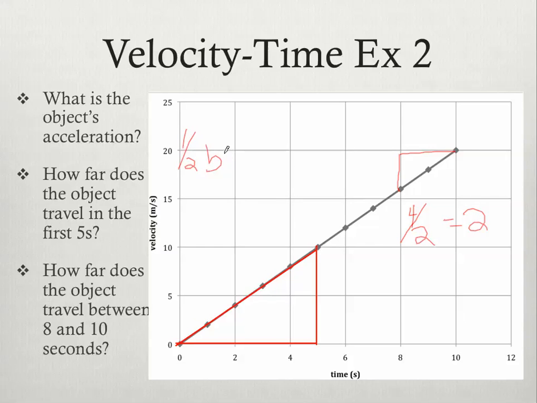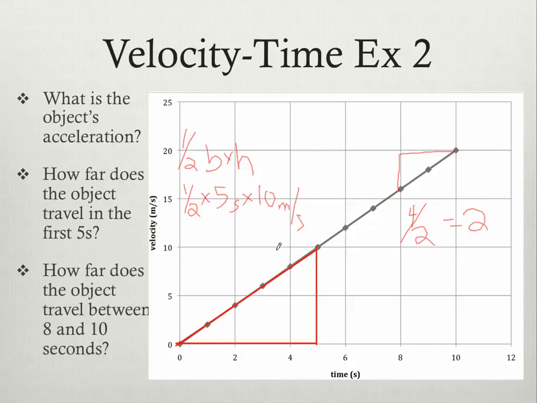So for this one, we would do 1/2 times base, and it's 5 seconds, times height, which is 10 meters per second. And I'm adding the units this time just to show you that you get the appropriate units.